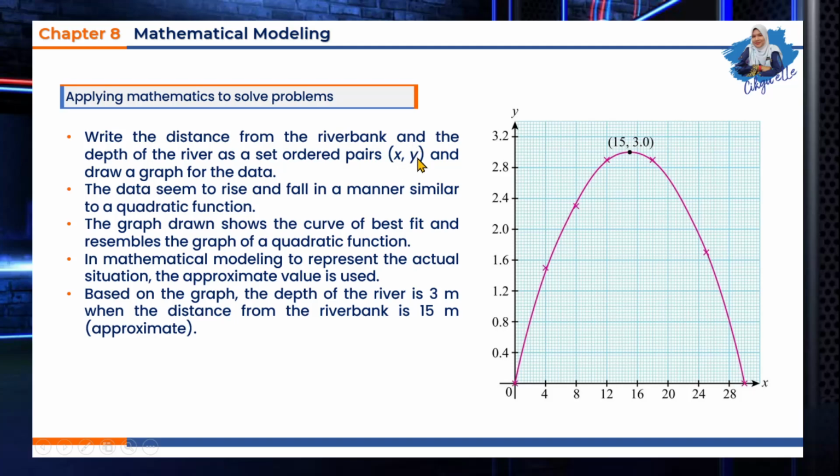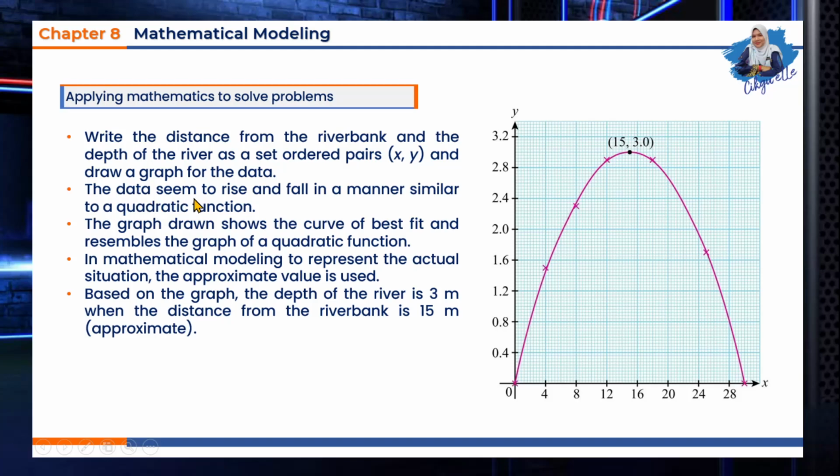You have learned it in Form 2, how to draw the graph of a function from ordered pairs. Then you draw a graph for the data. You plot the graph based on the table of values.